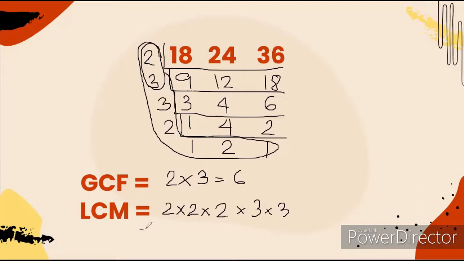Or we can just use exponents for this: 2 cubed times 3 squared. The answer for this is 8 times 9. So the LCM is now 72.